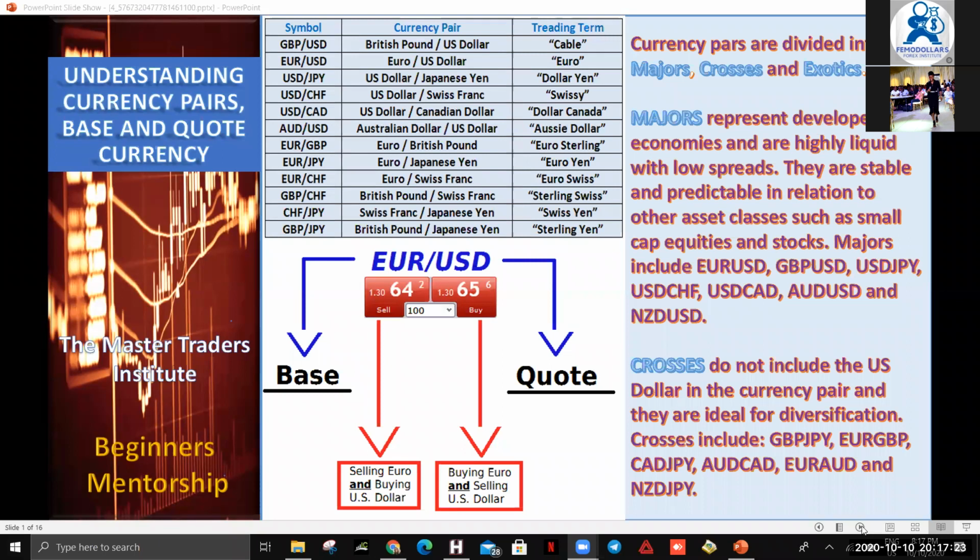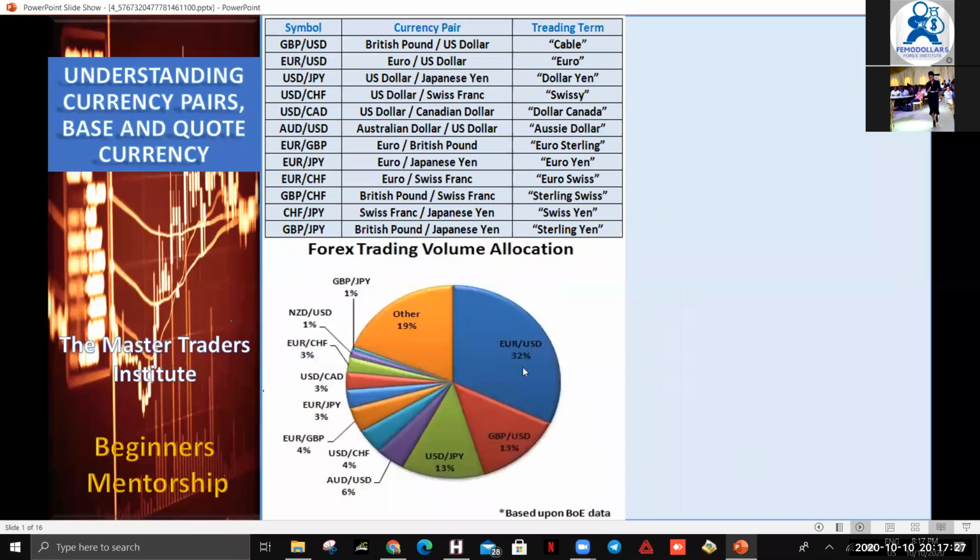Now look at the volume traded every day. Euro USD has the highest volume allocation. So many people are trading this currency because the government is working fine and there are so many things happening. Others are GBP USD and USD JPY.